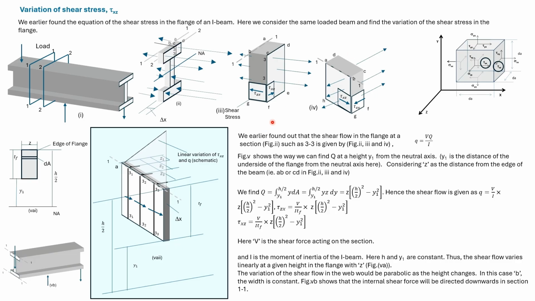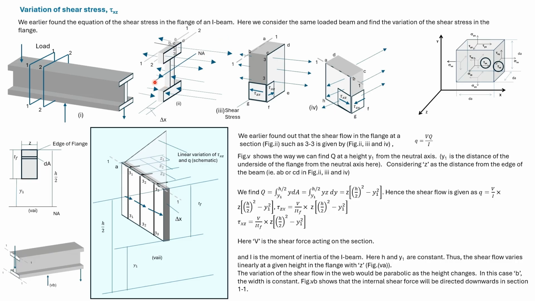The shear flow in section 3-3 is given by q is equal to VQ divided by I. Q is the statical moment of the area of ABGH.